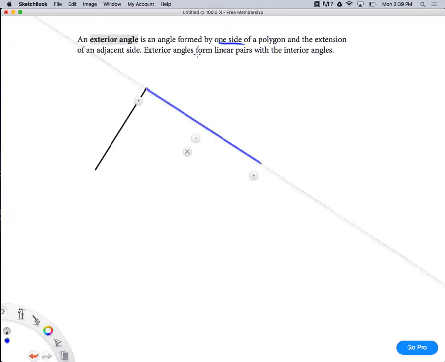So an exterior angle is an angle formed by one side of a polygon and the extension of an adjacent side. What does adjacent mean? Neighboring. Neighboring, touching, next to, right? So I'm going to draw the adjacent side now.